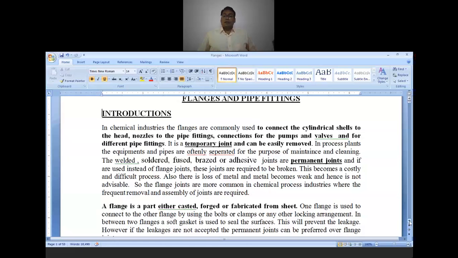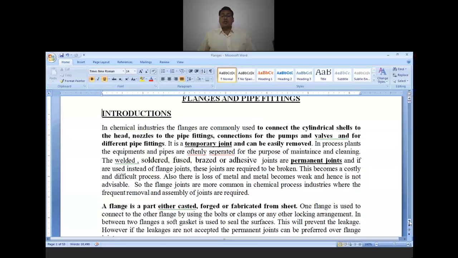But permanent joints are difficult to remove, and whenever there is a requirement of maintenance, that means it is necessary to open the equipment or open the pipes for the purpose of maintenance or for the purpose of modification.